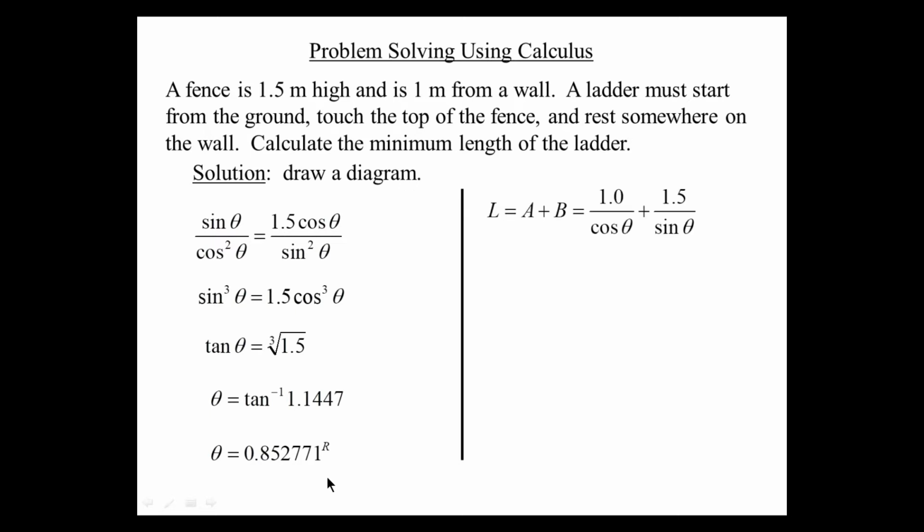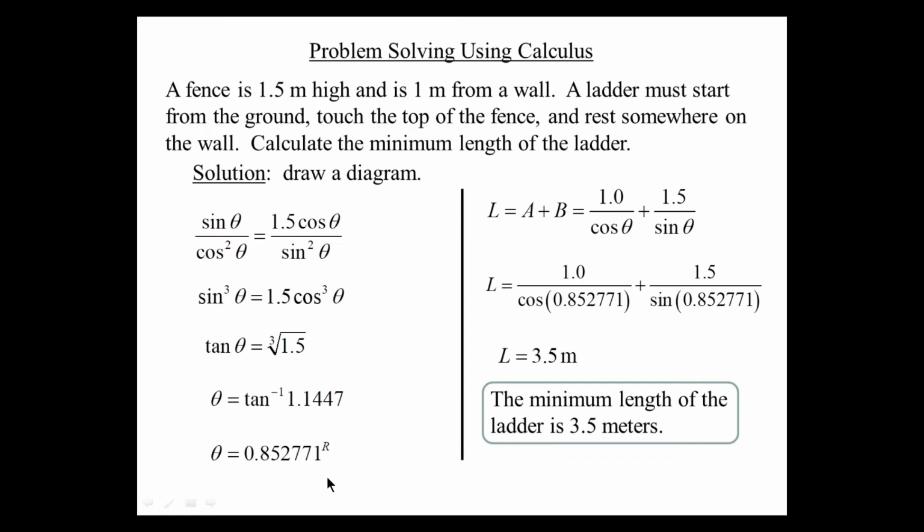And so we can just plug it back in. And so the length is 3.5 meters. Now I know there are some textbooks out there that disagree with this, but I'm pretty sure this is right. So check it, pause it, analyze it, see how I did this. The minimum length of the ladder is 3.5 meters.